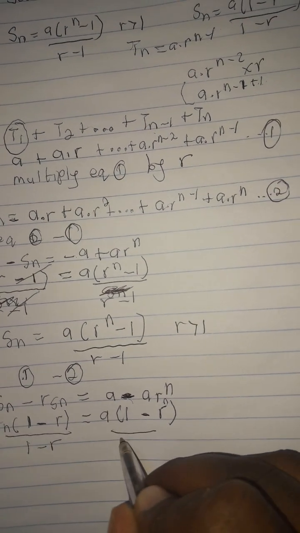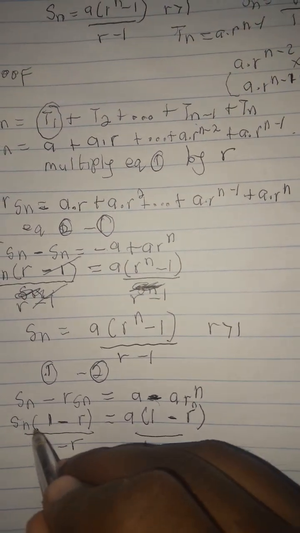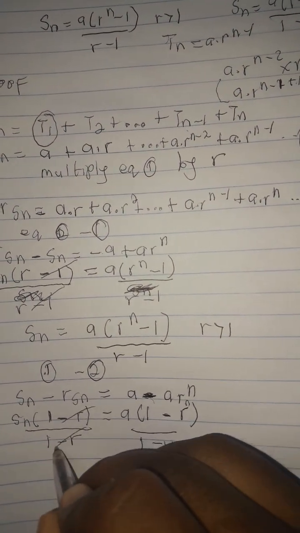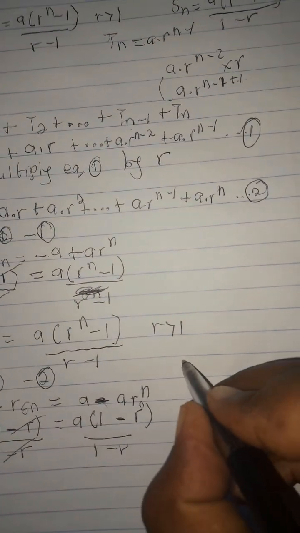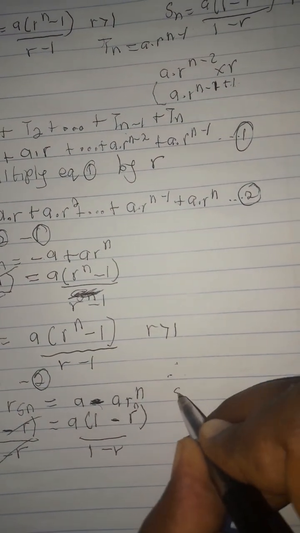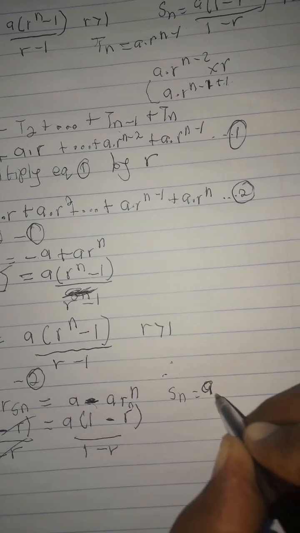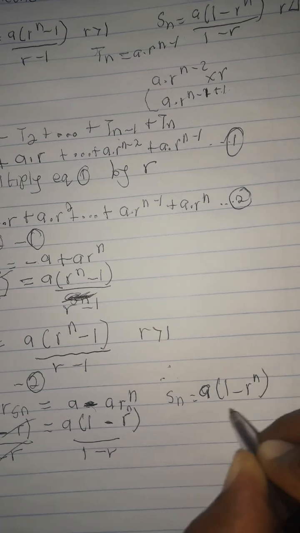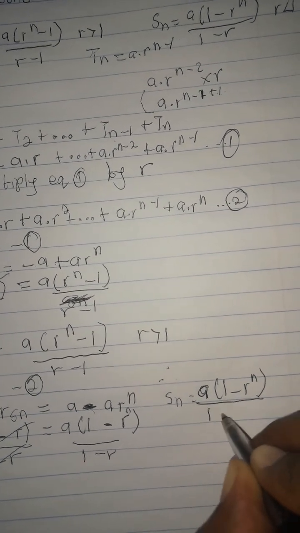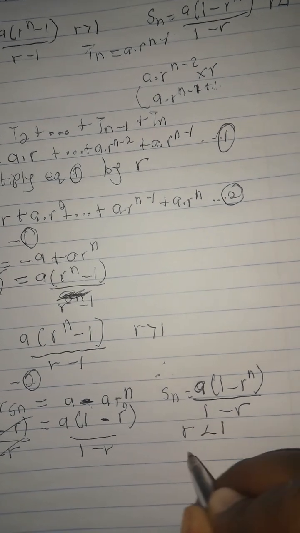From here we can see that they cancel. So therefore Sn is equal to A, open the bracket, 1 minus r to the power of n, divided by 1 minus r. So use this formula when r is less than 1.